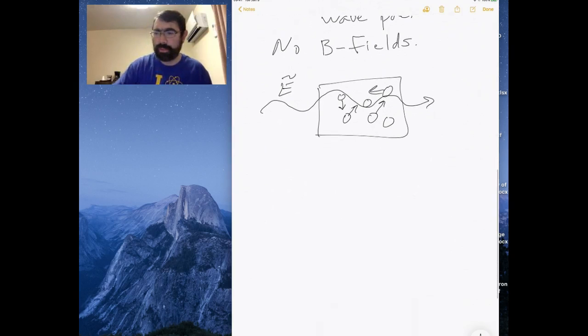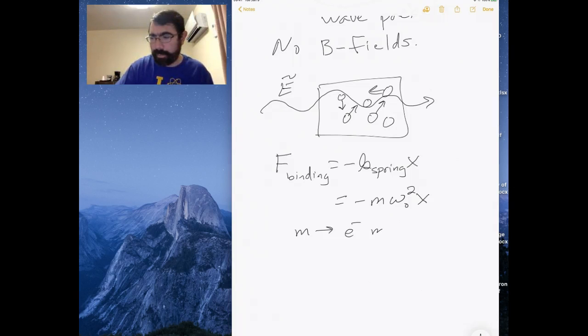So I'm going to model this as springs. The binding force of electrons in a molecule is minus some spring constant, the strength of the binding force of the molecule, which I can rewrite as minus the mass of the electron, its oscillation frequency squared, and the distance.